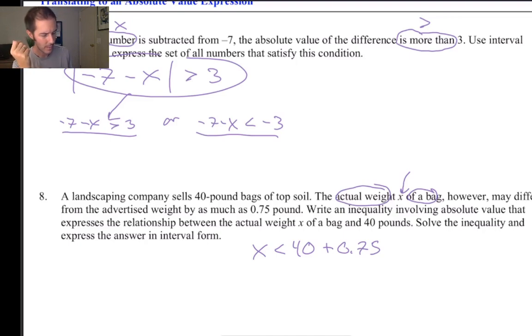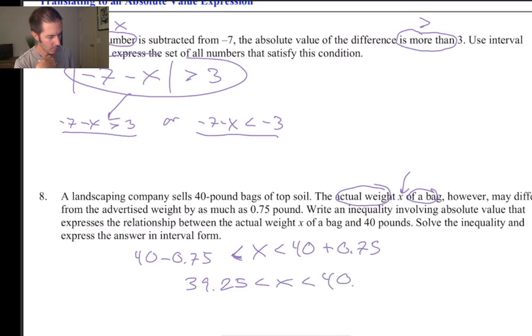However, it's also possible that you pay for your bag of soil and you got shorted, and your bag of soil only weighs 40 minus 0.75 pounds. So your bag of soil is going to weigh somewhere between 39.25 pounds and 40.75 pounds. Solve the inequality.